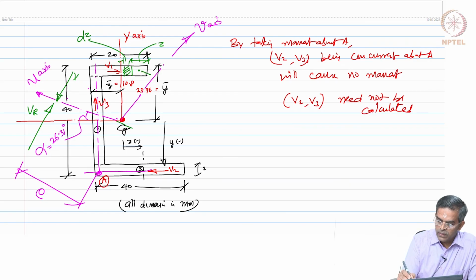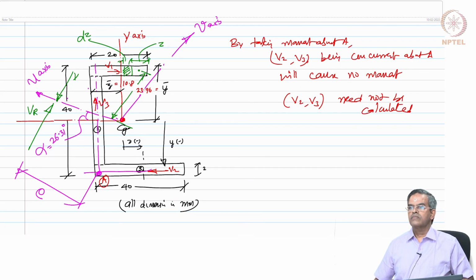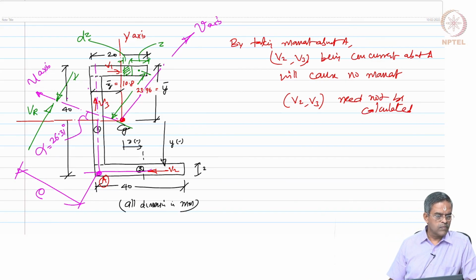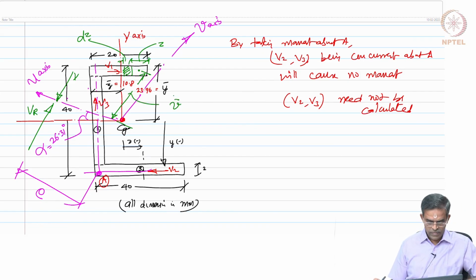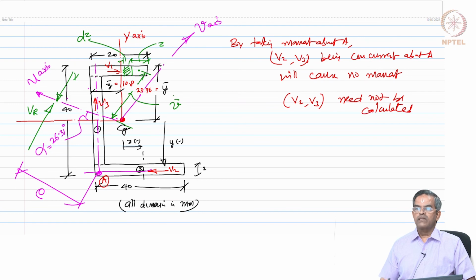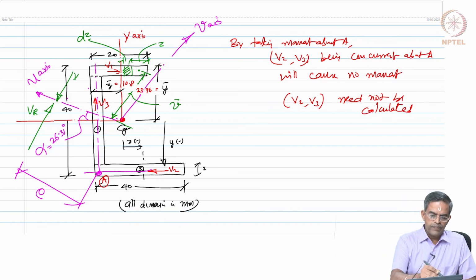Okay, I want this CG. Remember that. Okay, we want this. We call this V bar, am I right? Because I am transforming everything into the principal axis now.